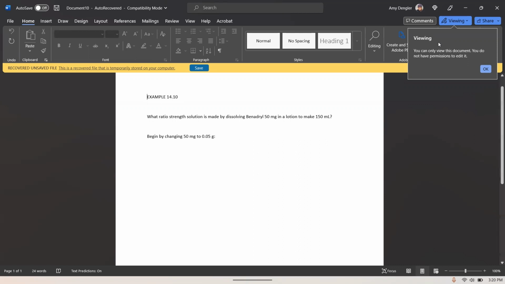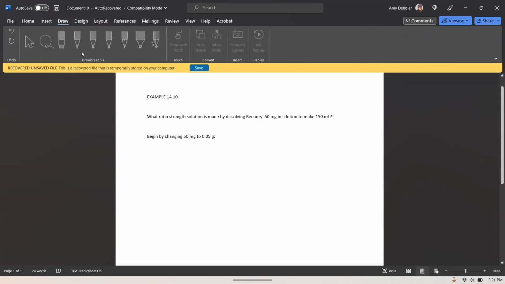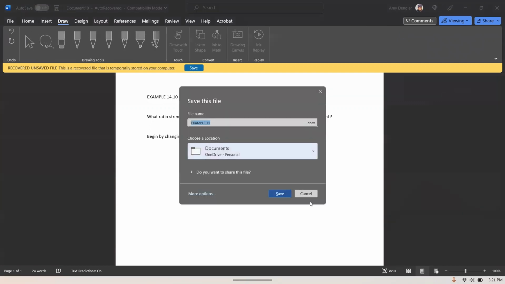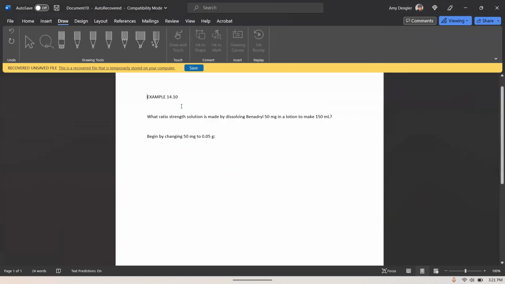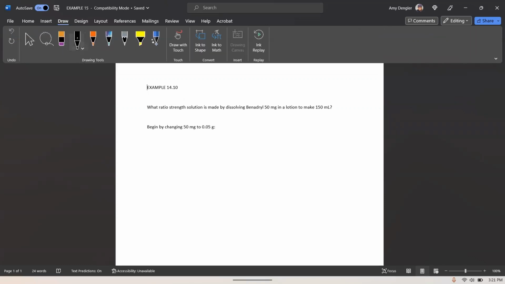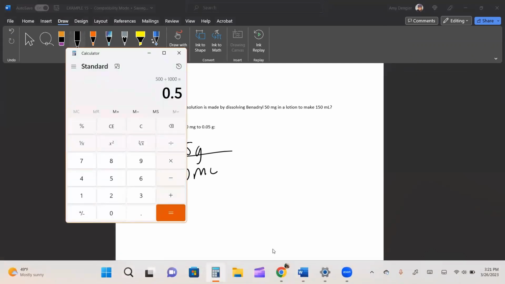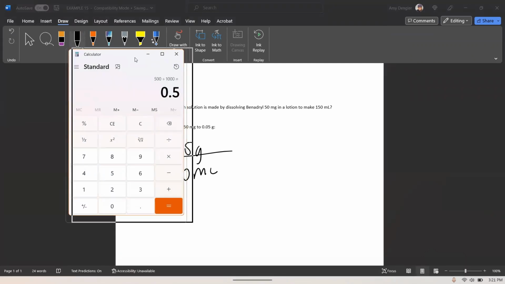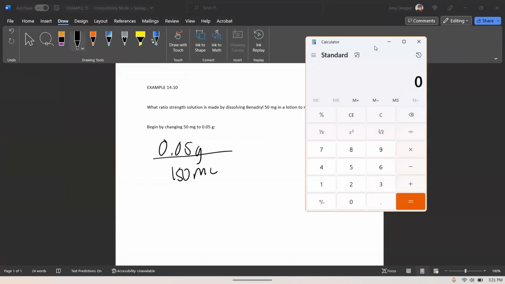So we're gonna do 0.05 grams over 150 ml. And our ratio strength is technically 0.05 grams to 150 ml, but we just want to make sure we bring it down to the lowest terms.